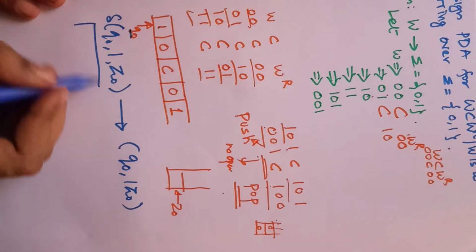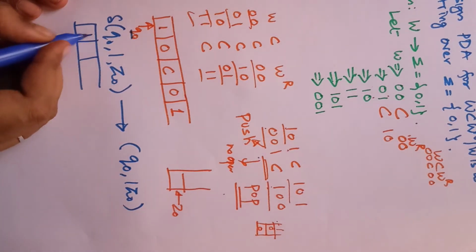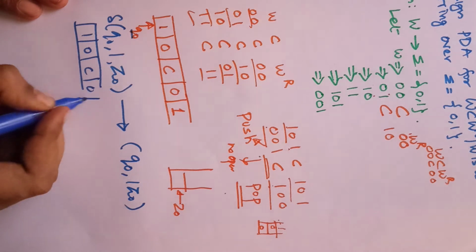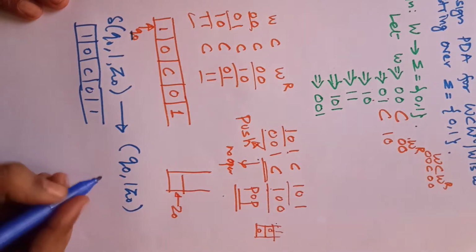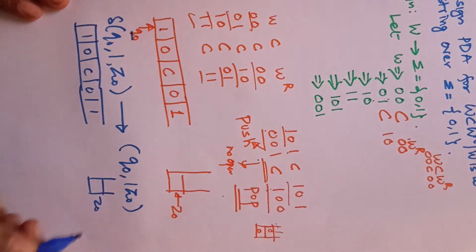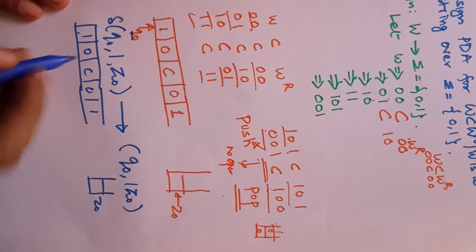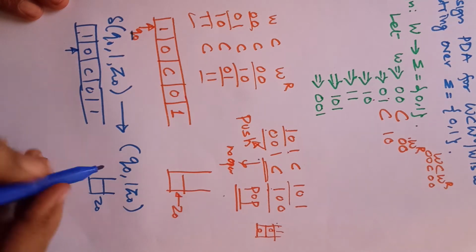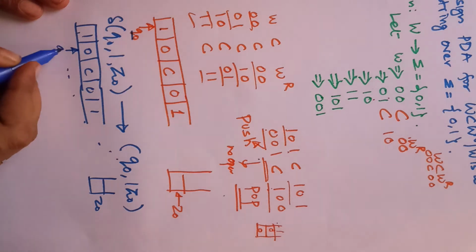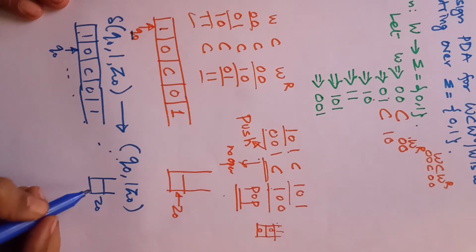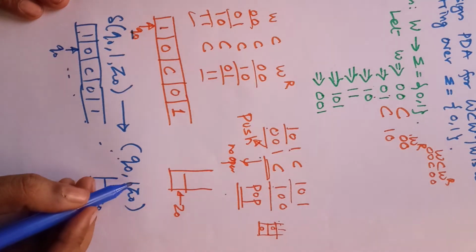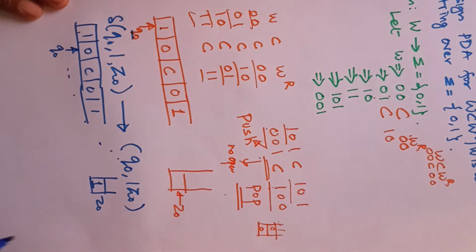After this, we are going to represent this scenario on your stack and your tape. Here after reading this 1, your pointer has incremented by 1 with the resultant state that we are going to mark here. The top of the stack is pointing to 1.